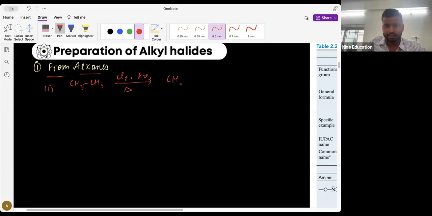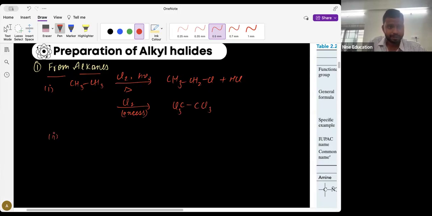CH3Cl plus HCl will be removed. And this we have learned. If Cl2 is present in excess, all the hydrogens will be removed, so it will give us CCl4, this molecule.